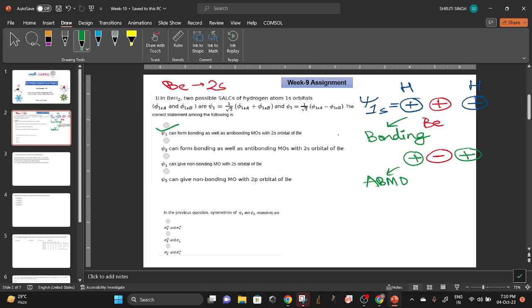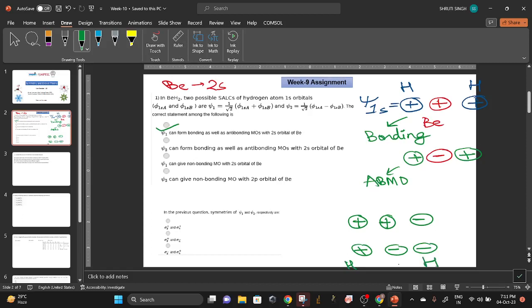So psi2 is a plus minus combination. Psi2 cannot form, because here if it is plus, this is neither bonding nor... So this is H, this is H, this is beryllium.